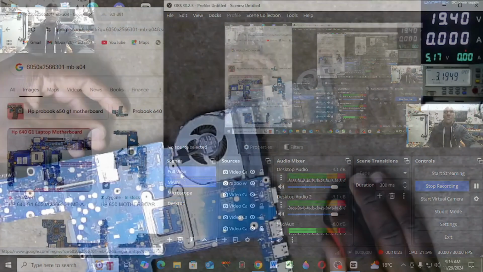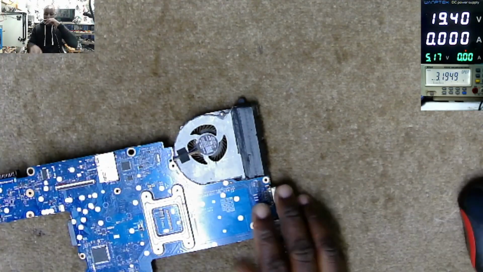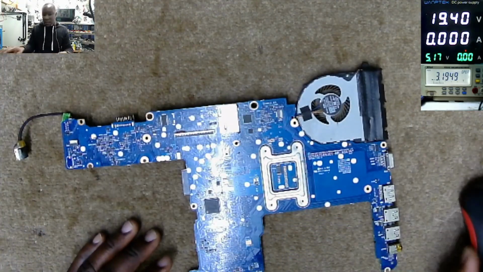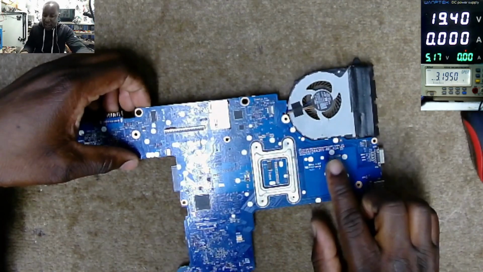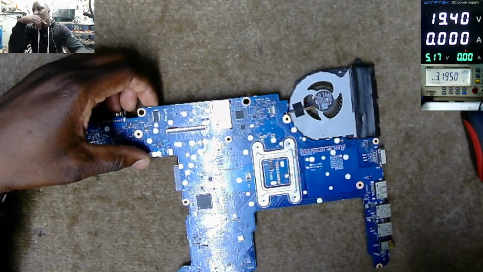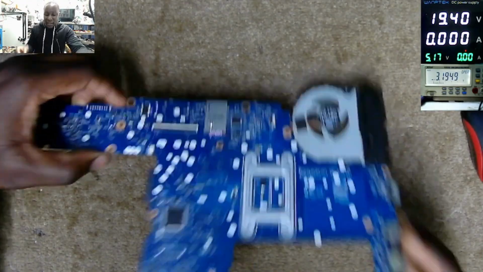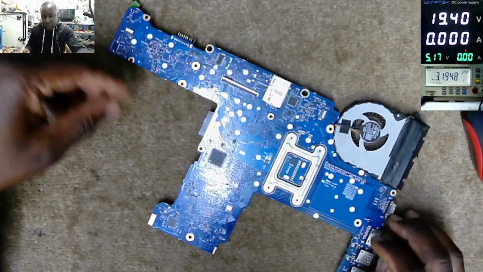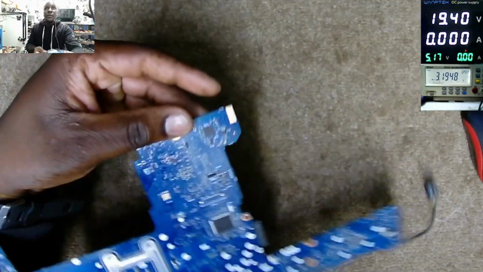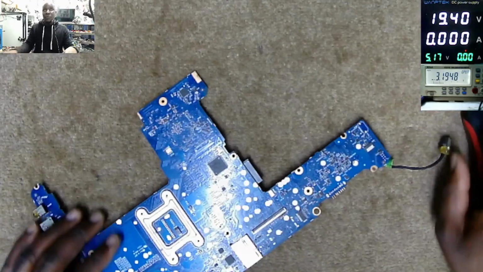So we now know a few things about this motherboard. This is an HP ProBook 650 G1 that came in for no sound, and from visual inspection we found this chip. This chip is blown up, so I think we have to replace this chip.